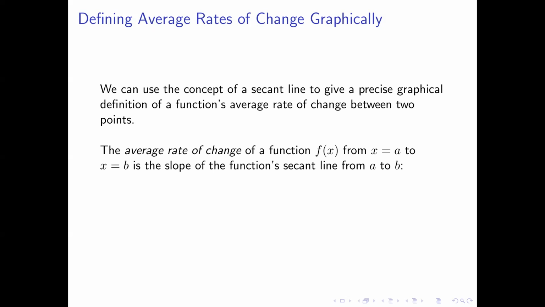So if you know how to calculate the slope of a line, then you know how to find a function's average rate of change. It's the same calculation. There's the formula or the expression that we use to do this: f of b minus f of a over b minus a. That will give us the function f's average rate of change from where x equals a to where x equals b.